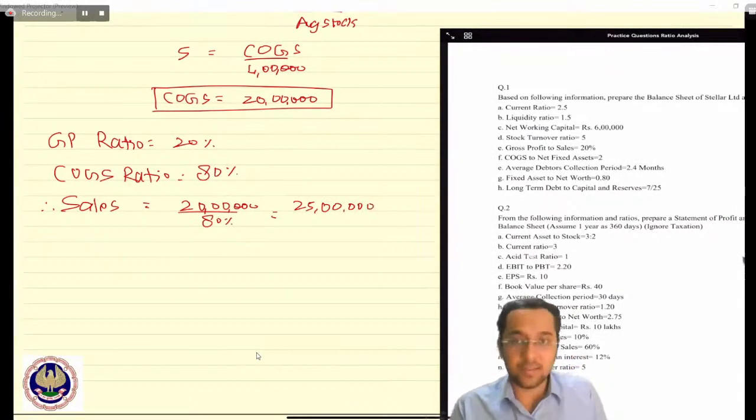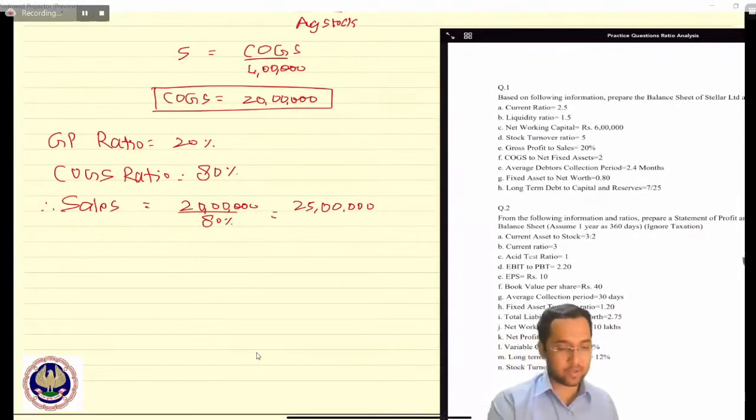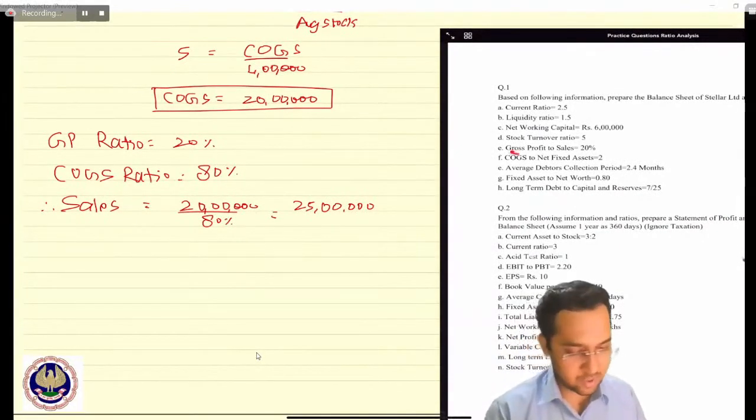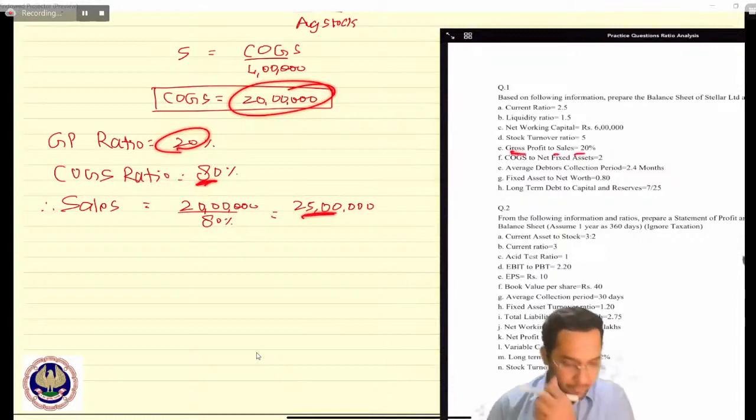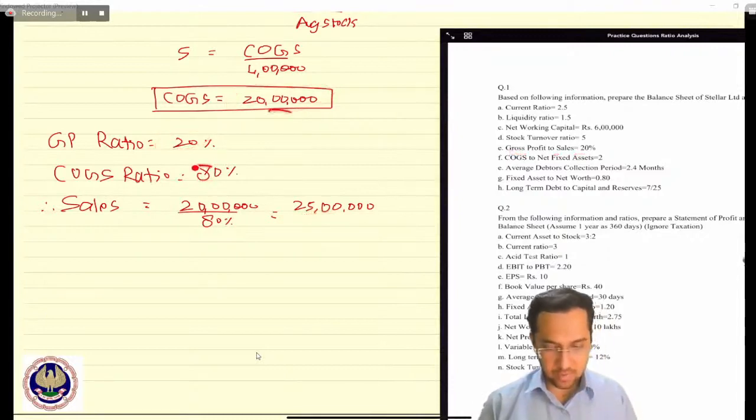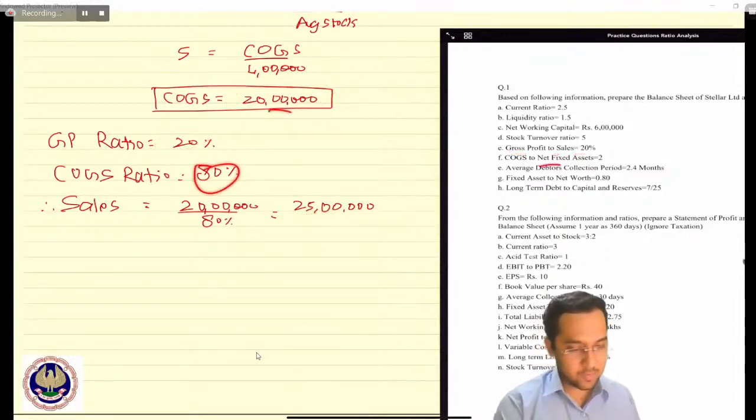We got a sales value of 25 lakh because the GP to sales ratio is 20%, so the COGS divided by 80 gives our sales figure.